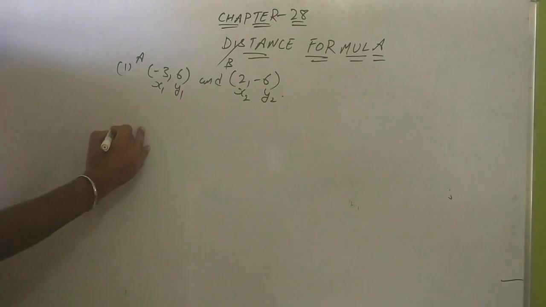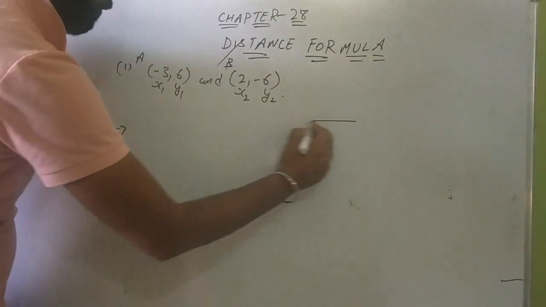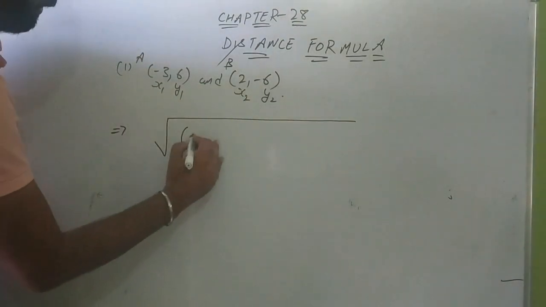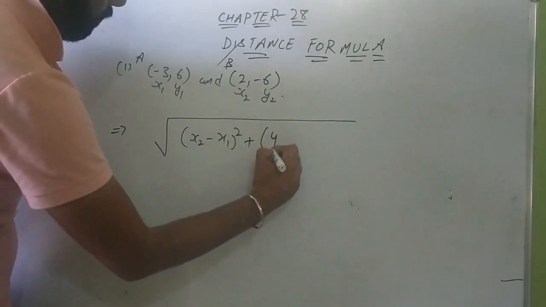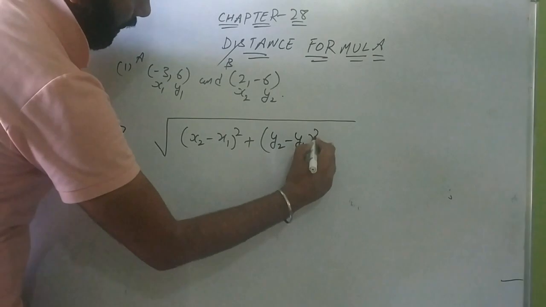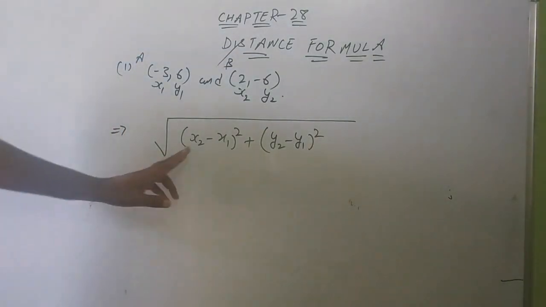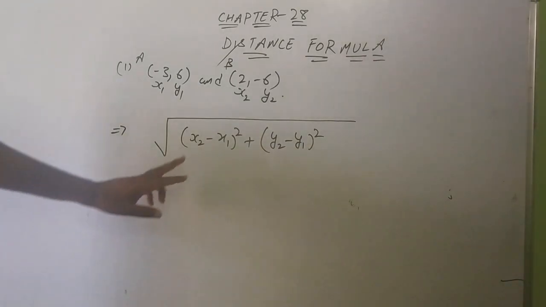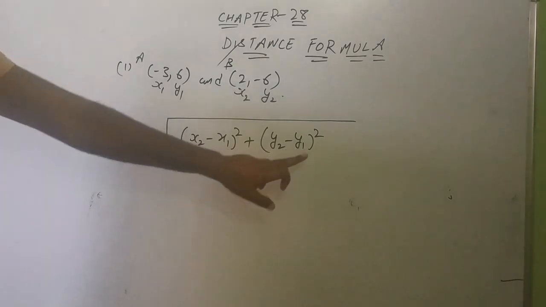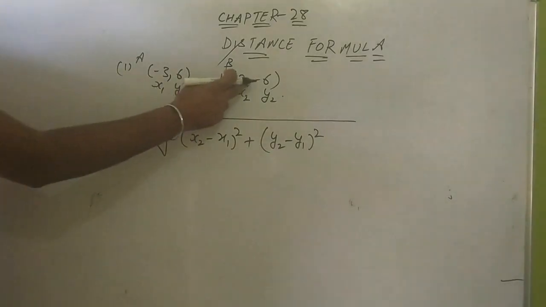Now apply the distance formula. What is the distance formula? Under root (x2 minus x1) square plus (y2 minus y1) whole square. Now put the values of x2, x1, y2, y1 from the question.